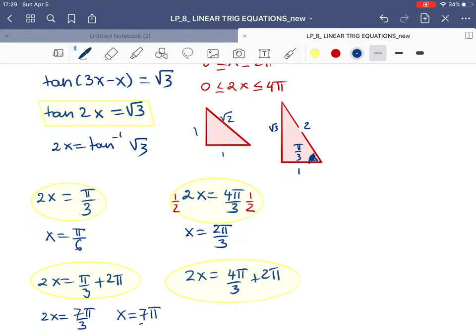So x equals 7 pi over 6. And last but not least, 2x equals 10 pi over 3, or x equals 5 pi over 3. Okay, simplify or multiply by 1/2 here.